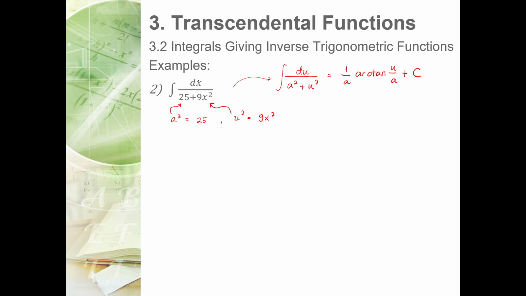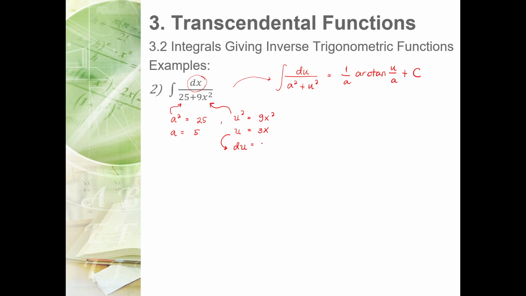What's left to do is to determine the du, which is what needs to replace your dx. Again, we get our du from u squared. So we get the square root of both sides first. So a is equal to 5, then u is equal to 3x. From here we determine the derivative after getting the square root of u squared.